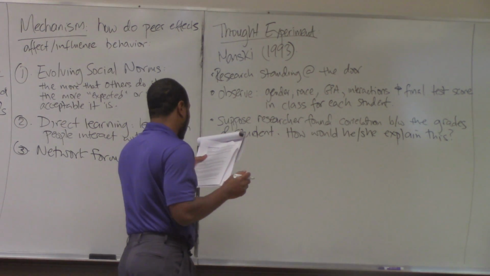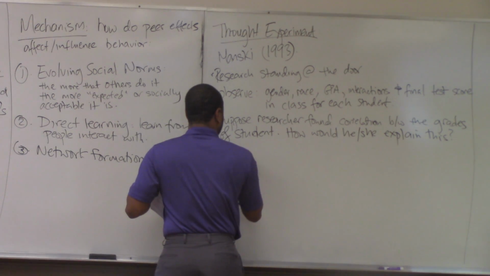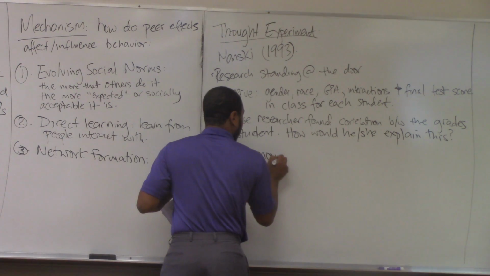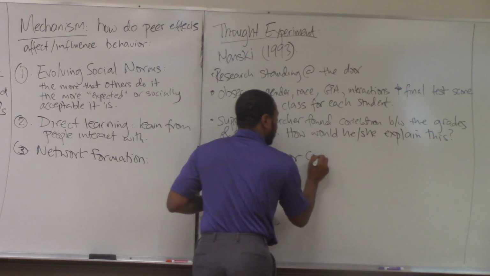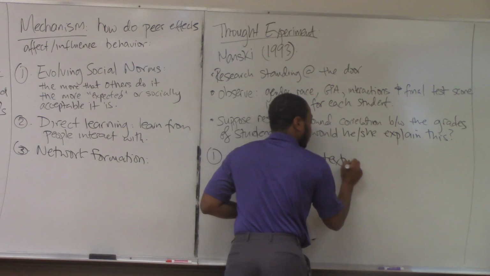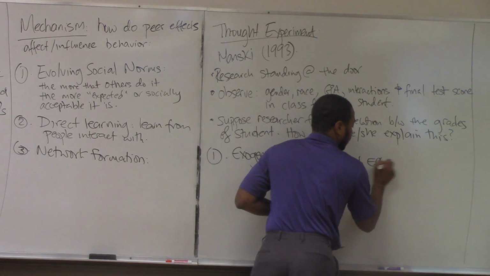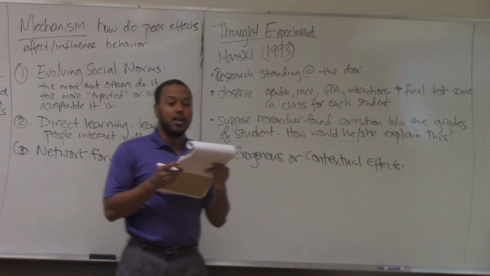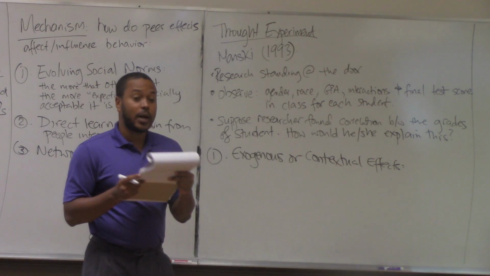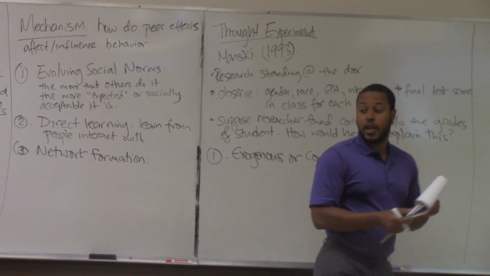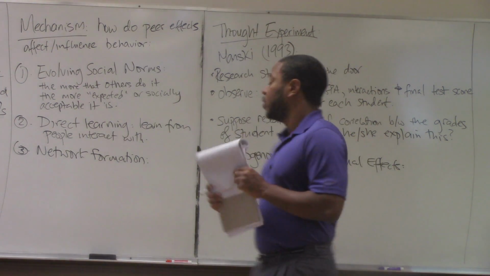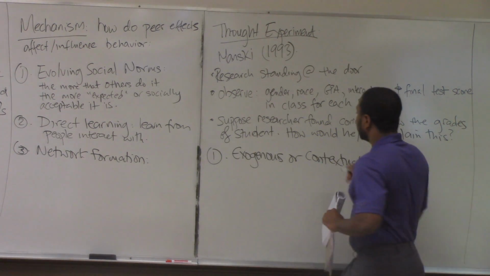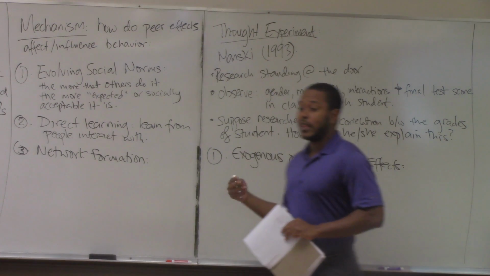One is going to be what we call exogenous or contextual effects. And so these are going to be things that are immutable about the individual, right? Correlation between the grades of students within the class.